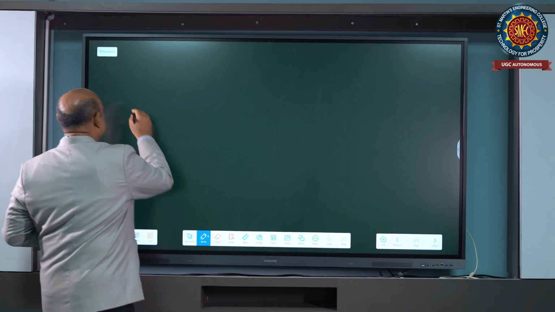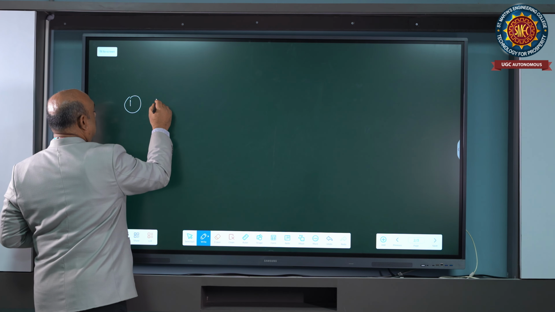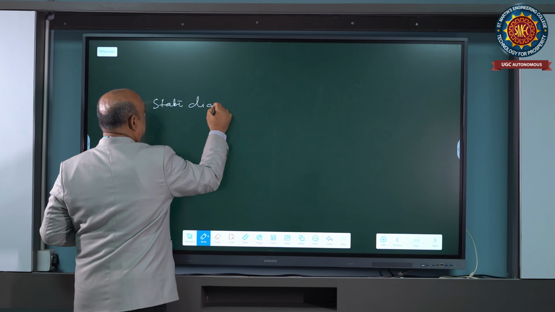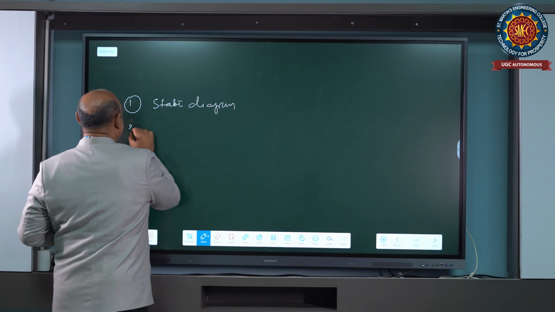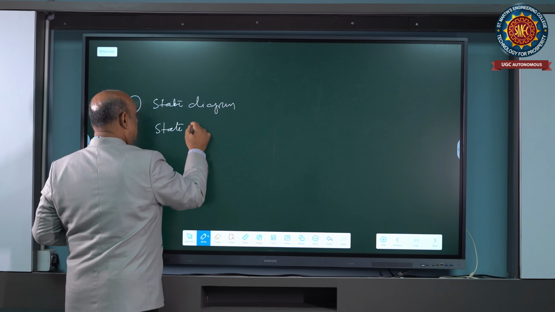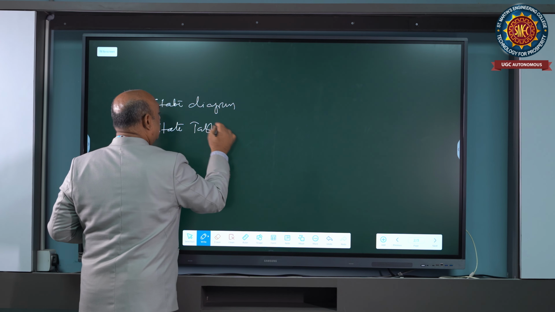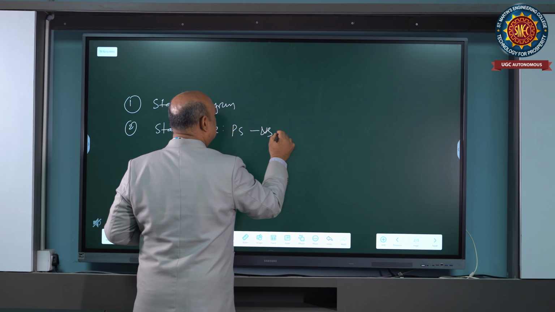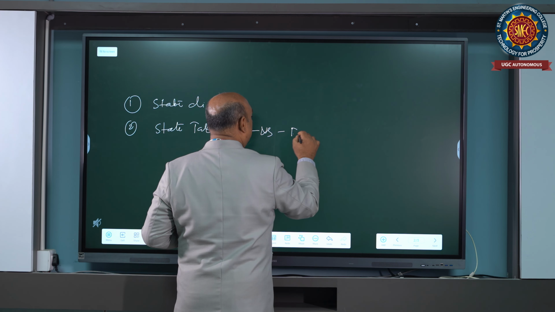Step one, state diagram. Step two, state table. The state table will contain the present state, next state, then the flip-flop input.